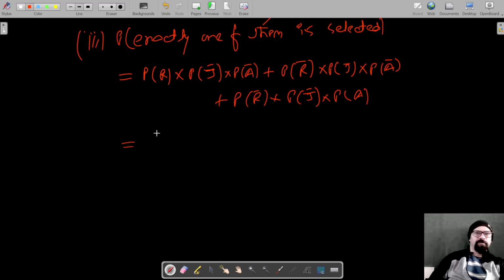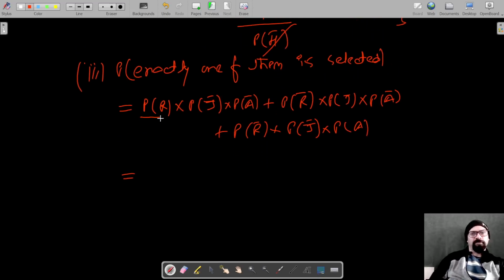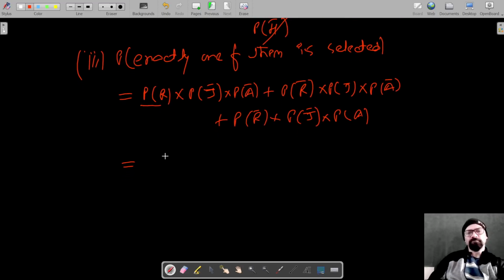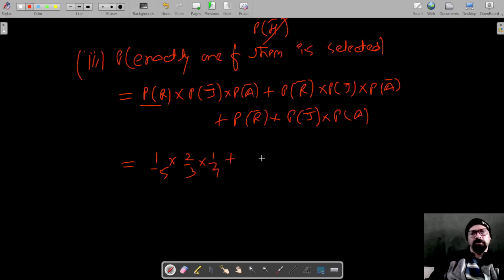Okay, let's put in their respective probabilities. Probability of Rohit getting selected is 1 by 5, Jaspreet not getting selected is 2 by 3, and Alia not getting selected is 3 by 4. Rohit not getting selected is 4 by 5, Jaspreet getting selected is 1 by 3, Alia not getting selected is 3 by 4.